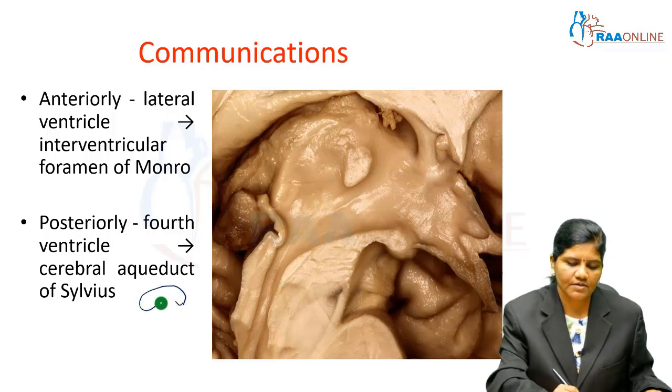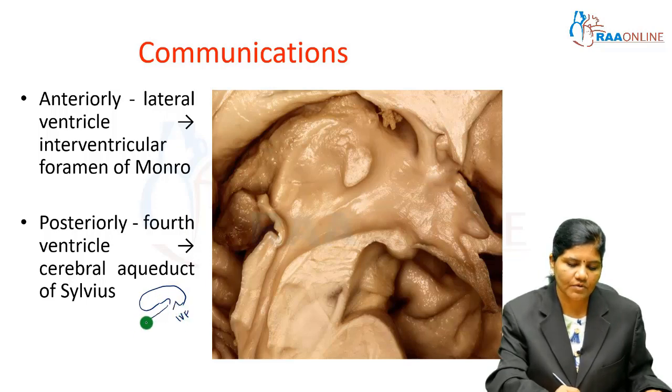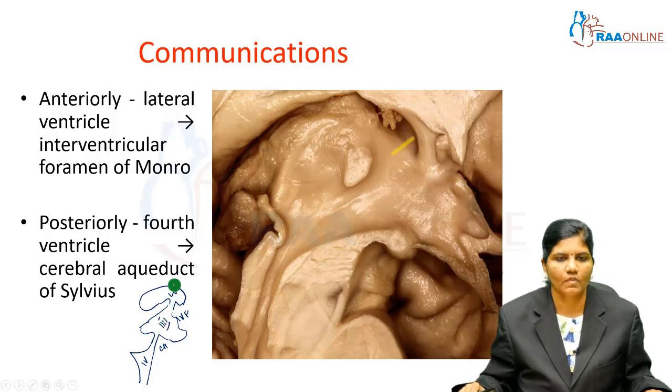Imagine this is the lateral ventricle; through the interventricular foramen it communicates with the third ventricle, and from the cerebral aqueduct it connects with the fourth ventricle. So this is the fourth, this is the third and this is the lateral ventricle. Here you can appreciate the interventricular foramen and the cerebral aqueduct. Within the cavity you can appreciate the thalamus.